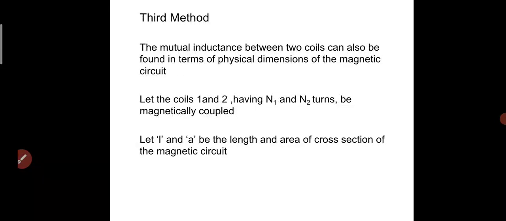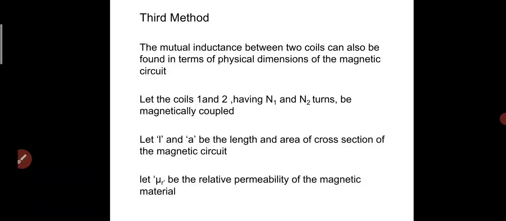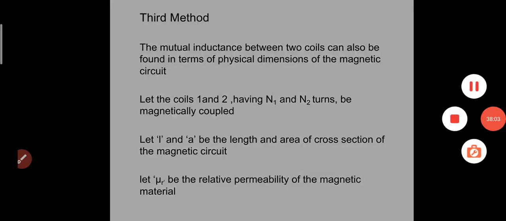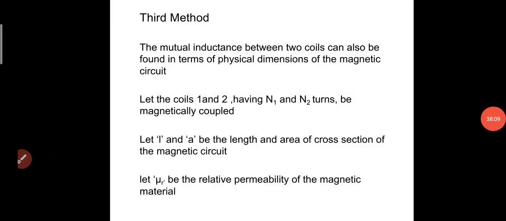Let mu r be the relative permeability of the magnetic material.